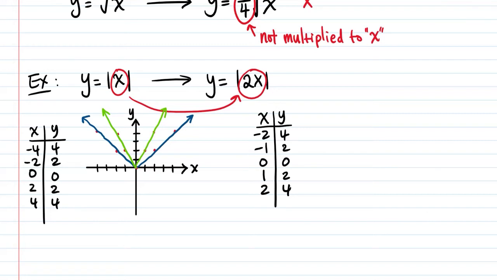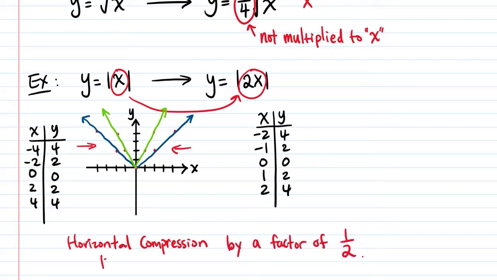As you can see, this is a horizontal compression because the blue function, the original function, is squeezed inward in this direction. The function is getting thinner by a factor of 1/2. And the k value here is 2.